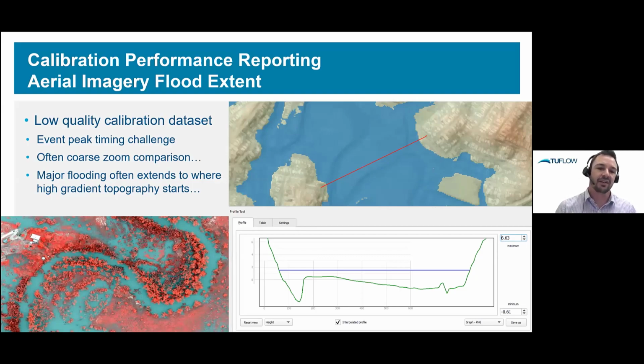What I do say though is it's still a useful calibration data set to support the others, because it might tell you, okay, my modeling shows that this area is dry, but it actually got wet. I need to investigate that a bit more. But I wouldn't use this as a primary source of calibration. It's more of a secondary or tertiary level of calibration.